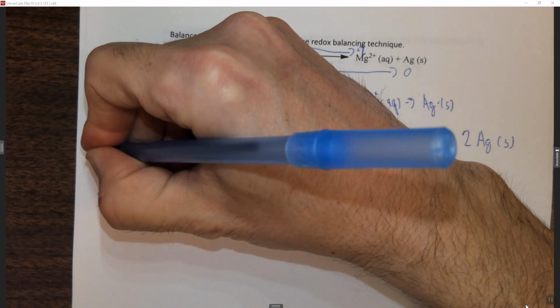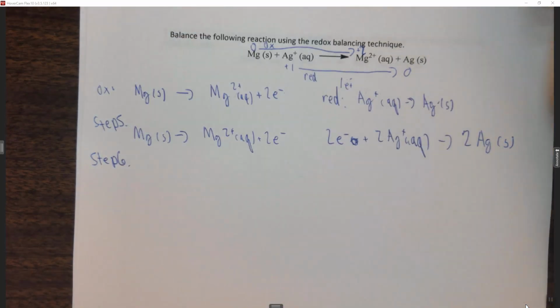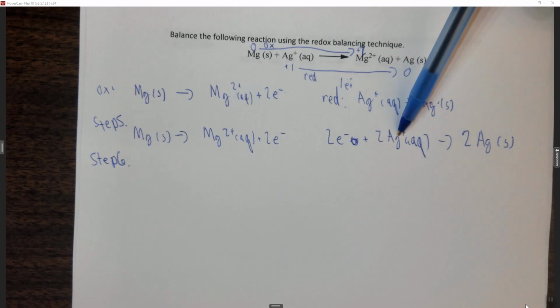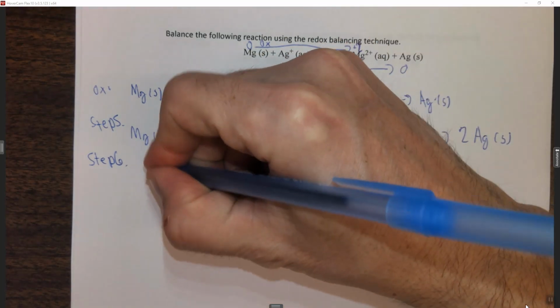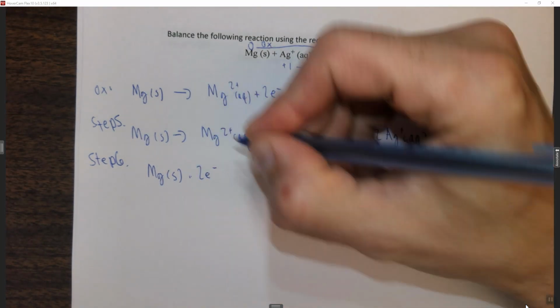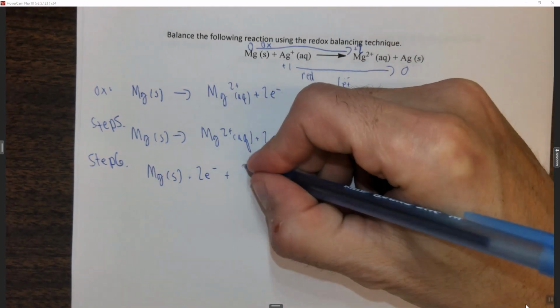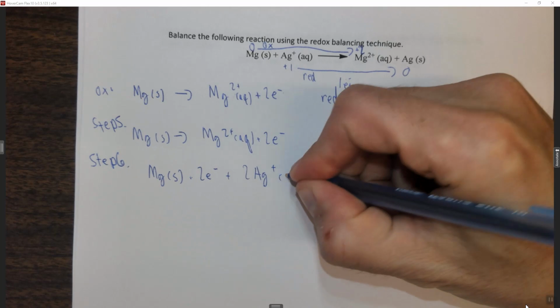Now, step 6 is we combine the two reactions together. To combine reactions, you just write all the reactants on one reactant side and all the products on the one product side. So we end up with Mg solid plus 2 e minus plus 2 Ag plus aqueous.